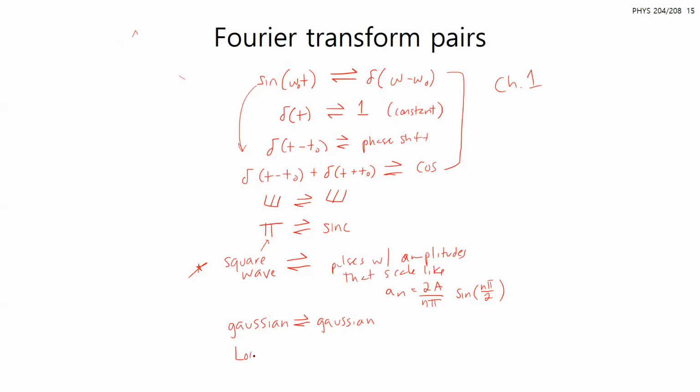And then we have a Lorentzian. What is its Fourier pair? One of the last ones we did. Fourier pair of a Lorentzian.